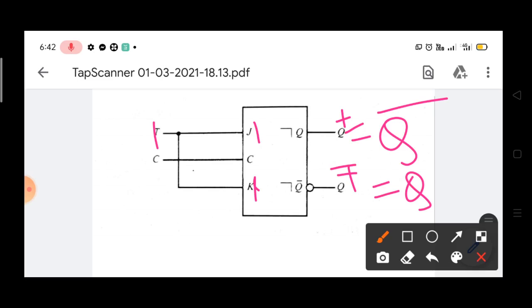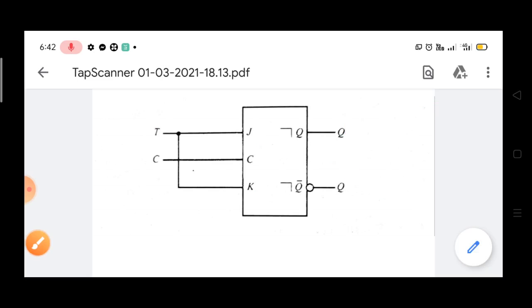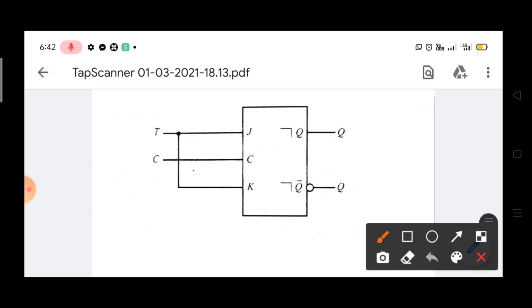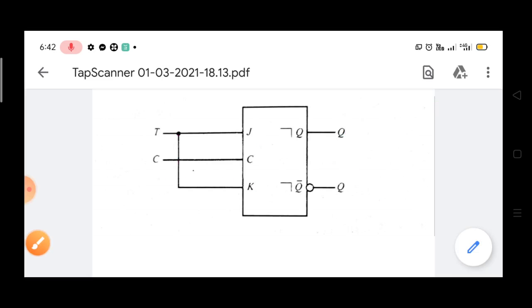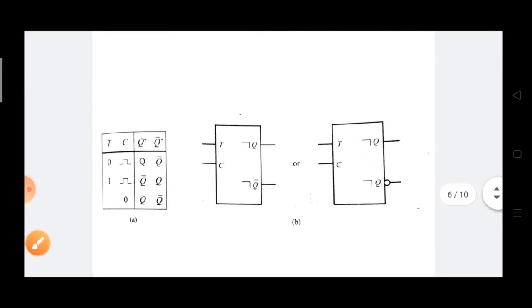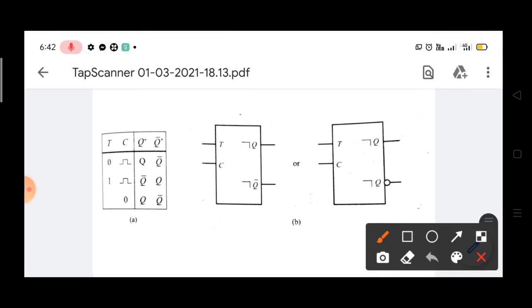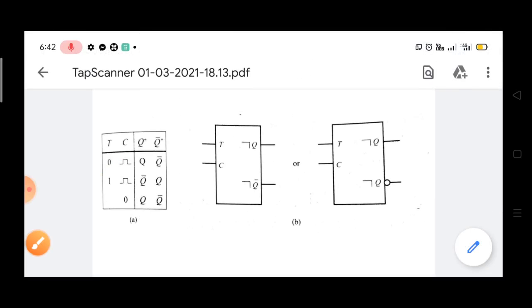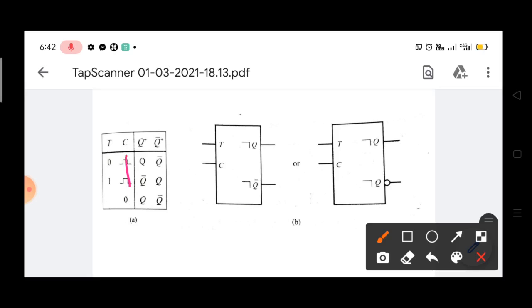Okay, so this is the same as a JK flip-flop, only that I have shorted the inputs. Depending on that, this is the function table. The first thing is the flip-flop works only when the clock is 1. Now when T is 0, the present output is the same as the previous output.